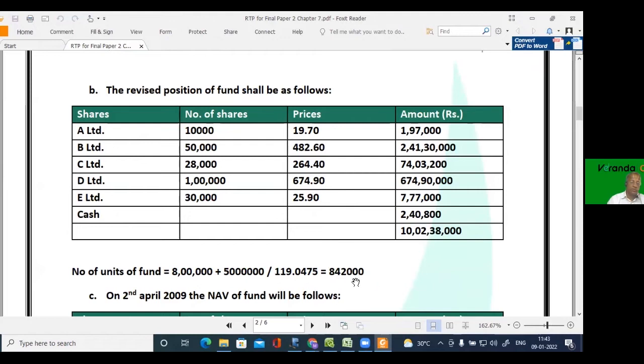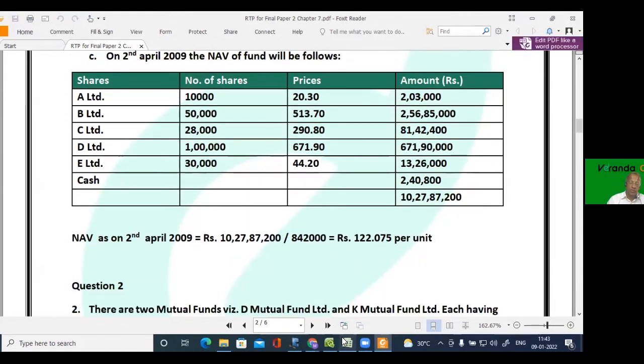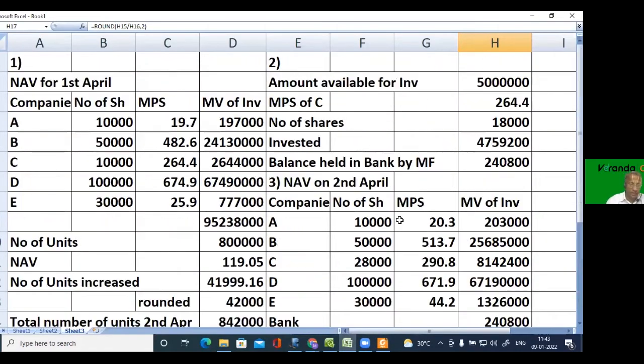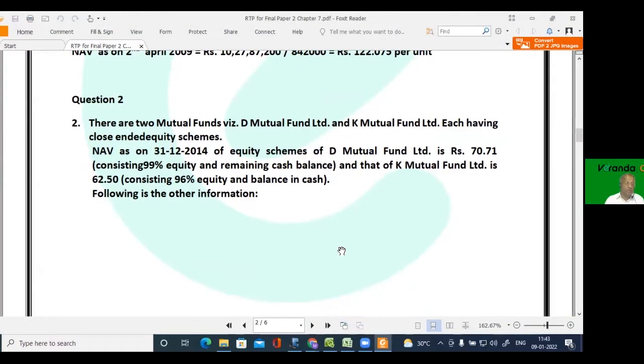So this one, 8,42,000, gives 122.08. Matter over. So you should be in a position to run through the problem as to how the solution has got to be developed. This is the way I feel, if I were given a chance like a student, I will work out like this. And now let us take up question number 2.